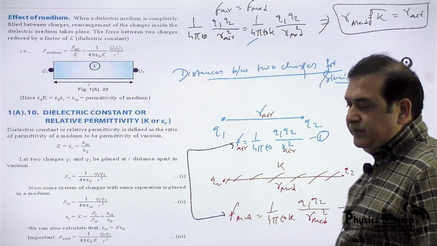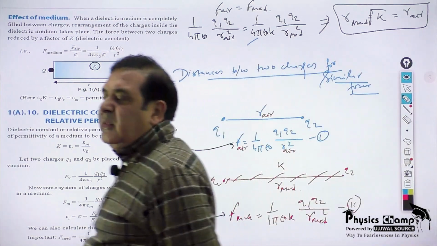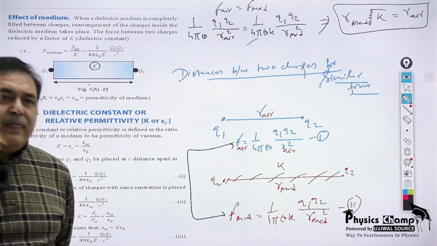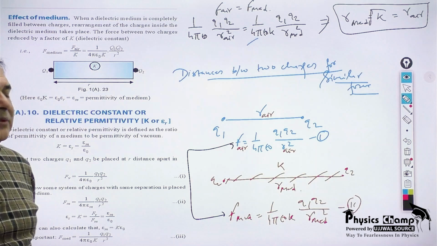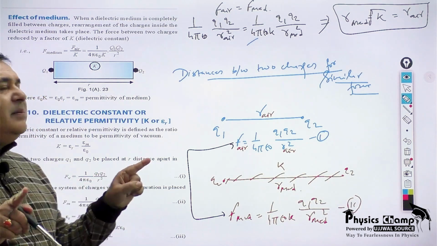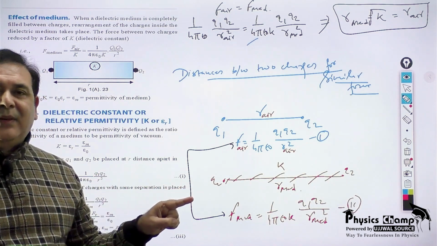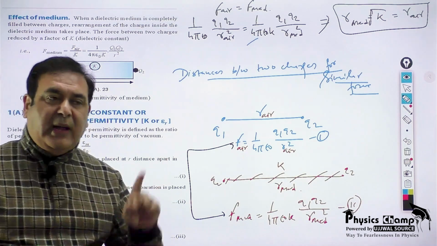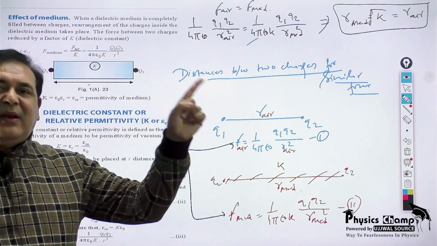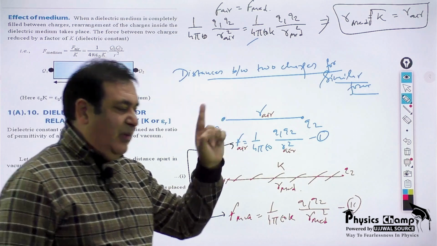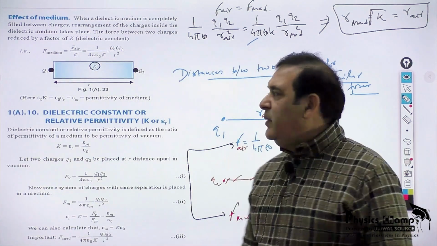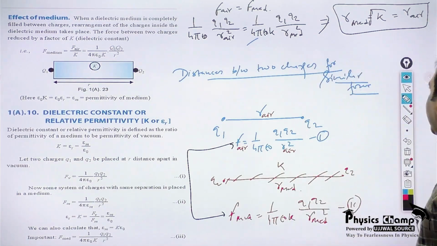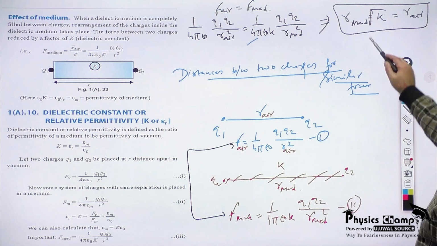So for the similar force, if the separation in the medium is r medium, when I multiply r medium with root K, I will get that distance in air which will provide the same force. This is a very important conclusion.